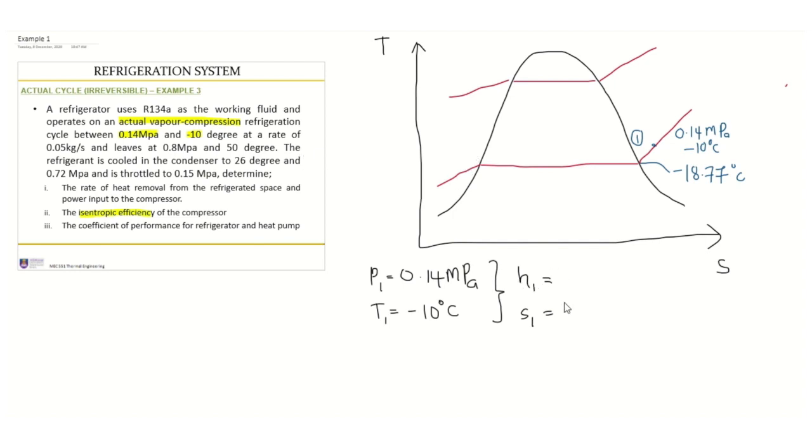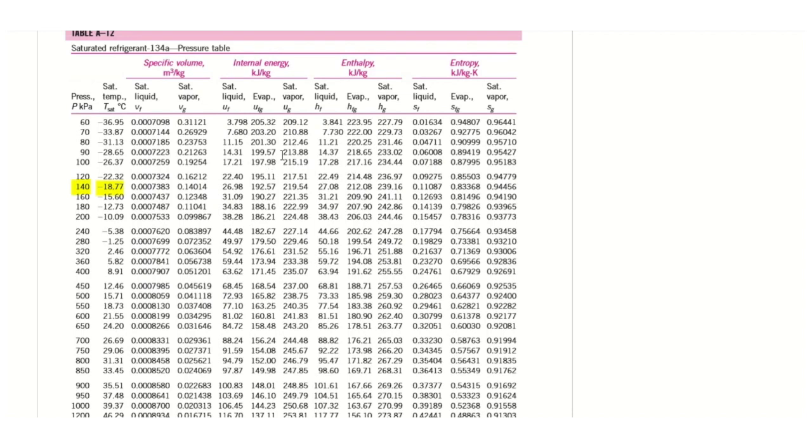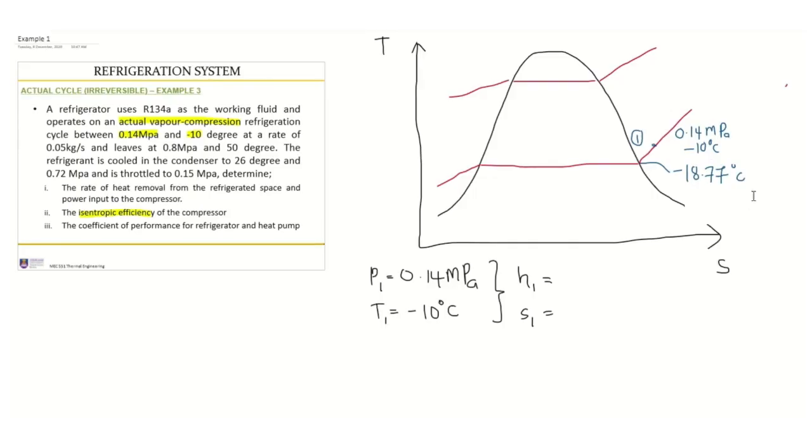Next, we want to have these values, enthalpy and entropy. So we go back to the property table. We are not going to use this, since we know our problem is superheated. This one is the superheated region.